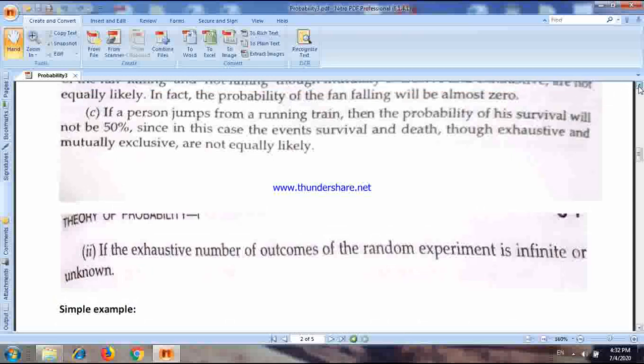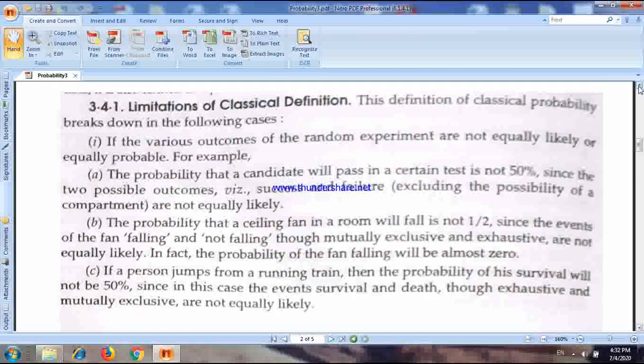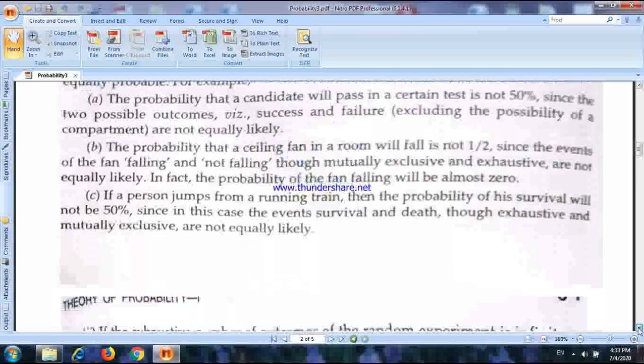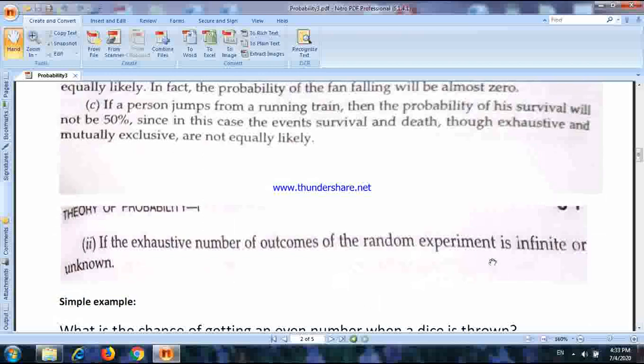So under these two conditions, that is, if the possible outcomes are not equally likely, or if the total number of possible outcomes is infinitely large, in these two conditions we cannot apply the mathematical definition.